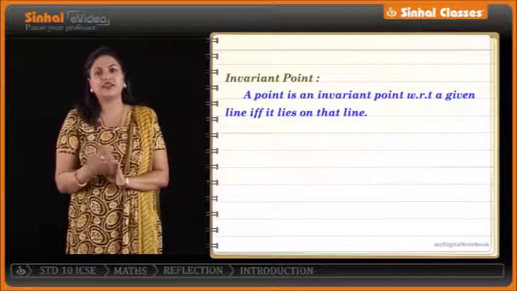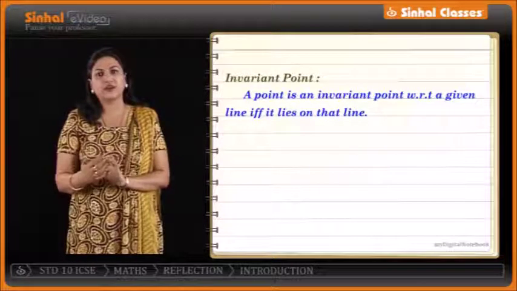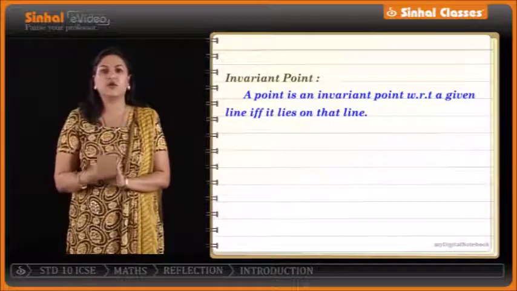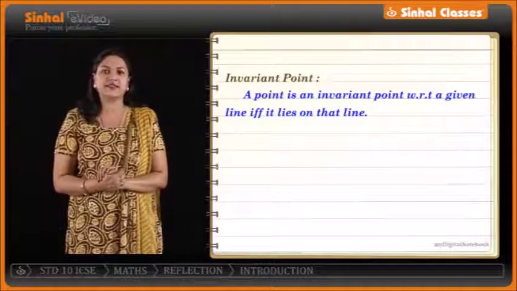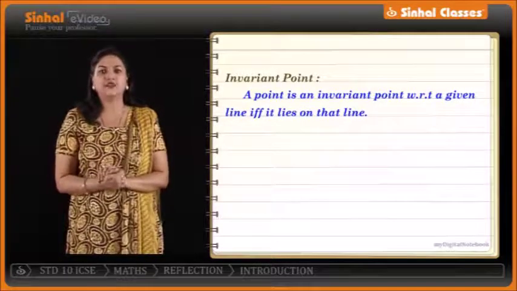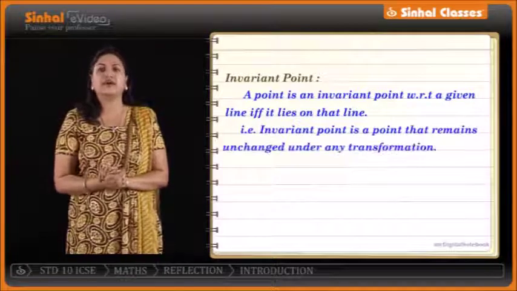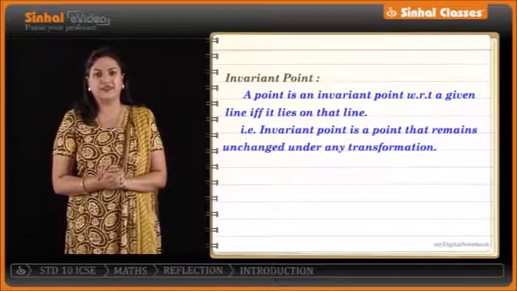Then we reflect this point on the x-axis itself. So will the coordinates change? No, they will not change. So this point is called invariant in the x-axis. In other words, we can say invariant point is a point that remains unchanged under a transformation.